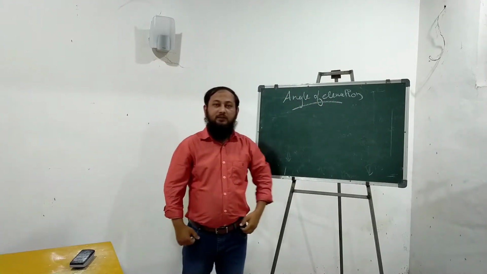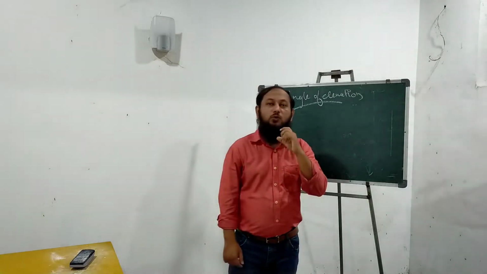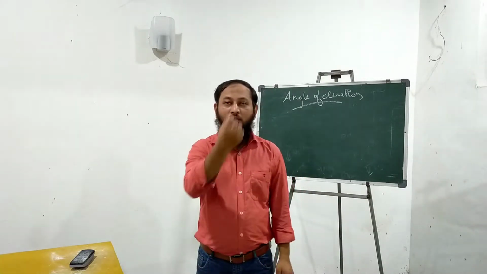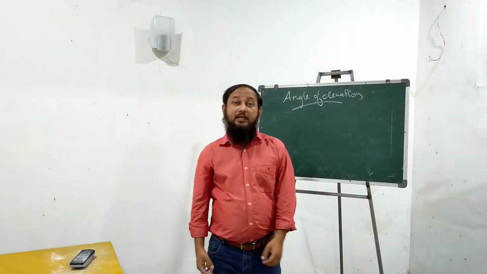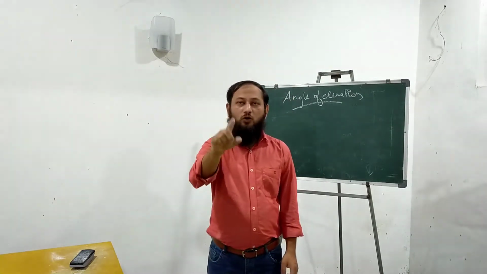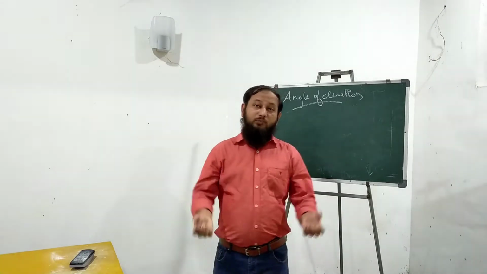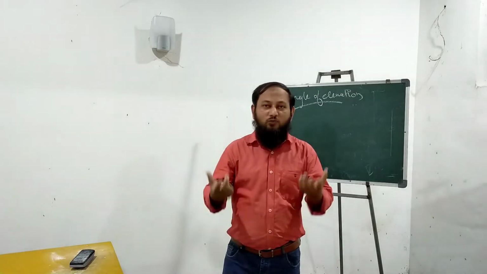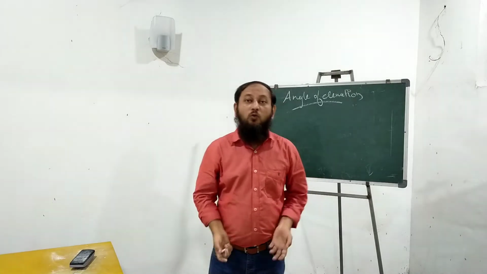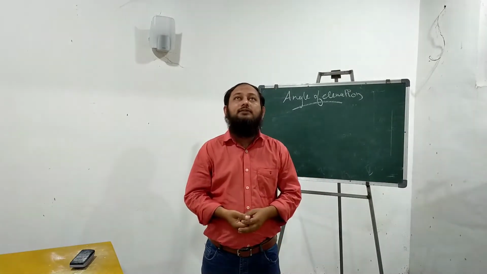Normally a person looks at an object like this. The line of sight will be horizontal. We can consider an imaginary line from the eye of the person to the object. That will be a horizontal line. If I want to see an object higher than me, I have to raise my eyesight or my head like this.